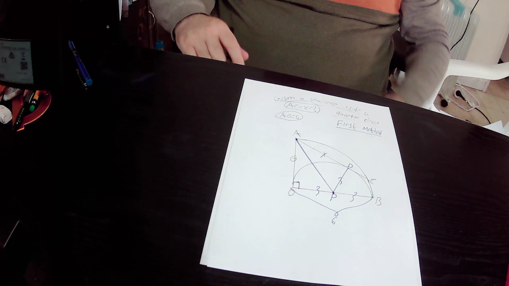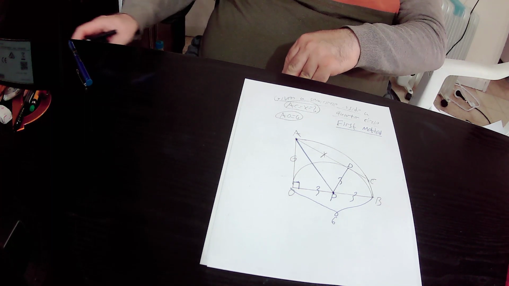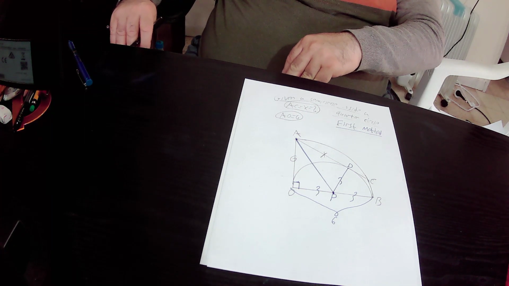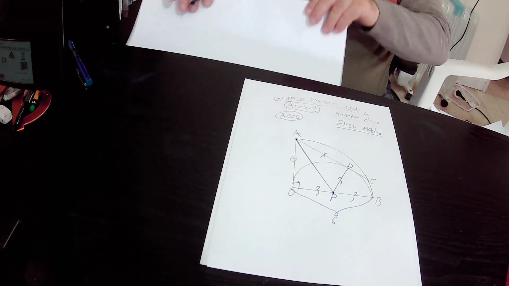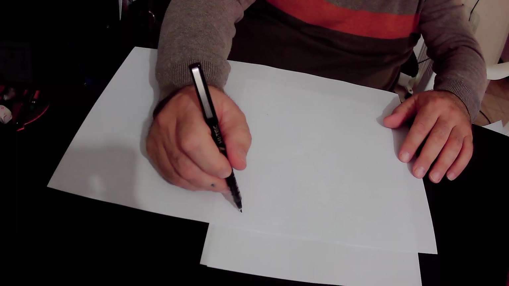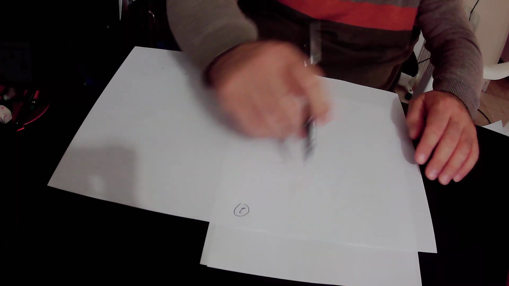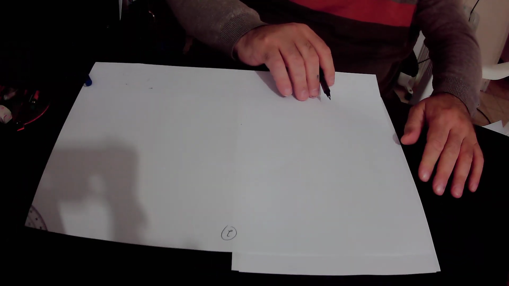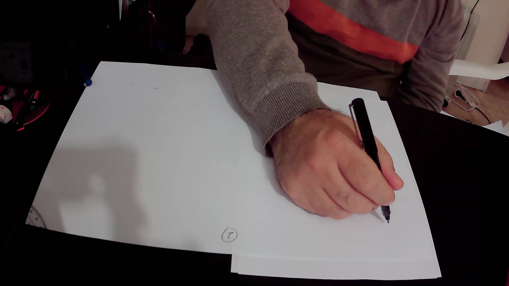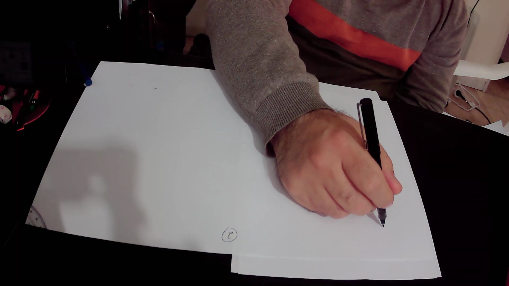So I write it down. According to rule number one, the lengths of those two tangents are equal to each other.